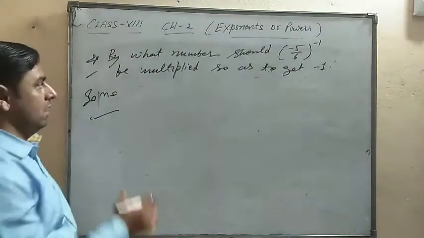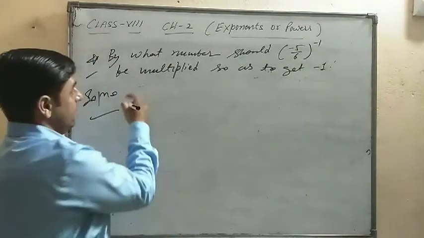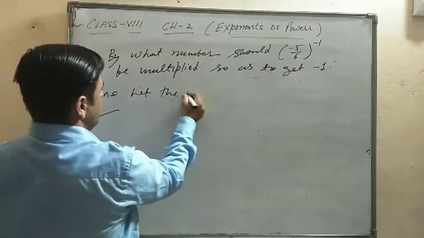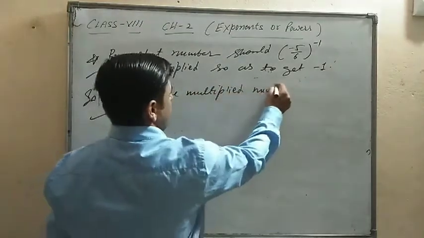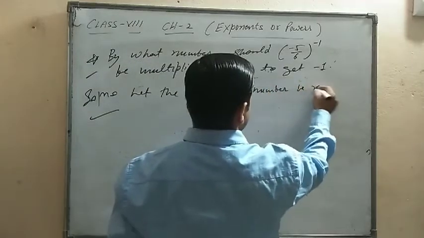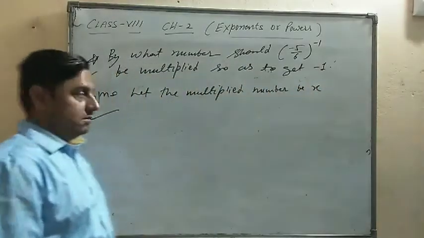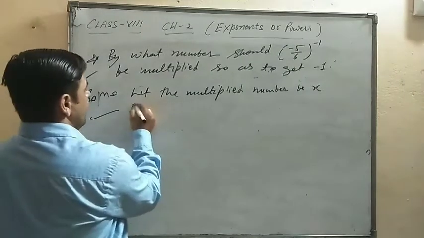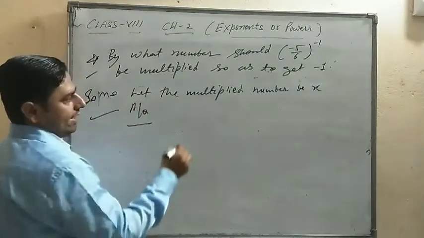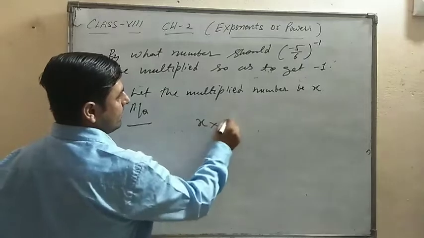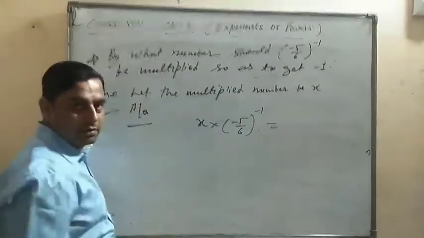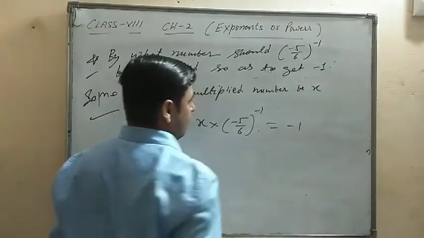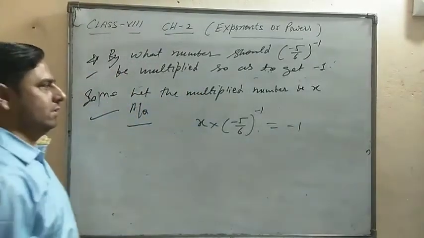So here the multiplying number is required. So let the multiplied number be x. So according to the question, you can write x into minus 5 upon 6 raised to power minus 1 is equal to minus 1.